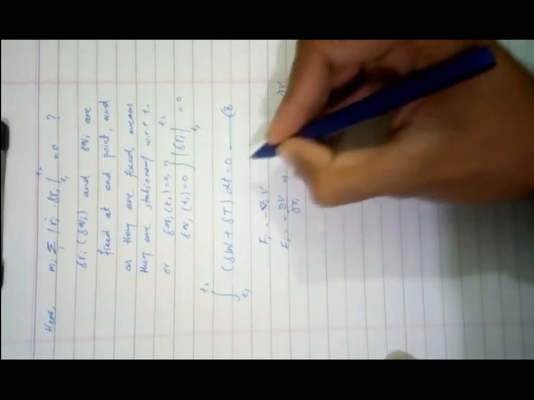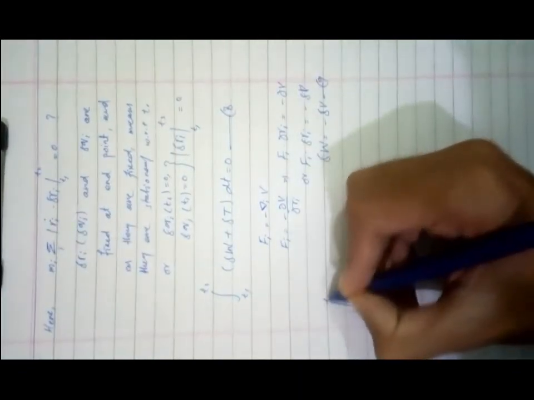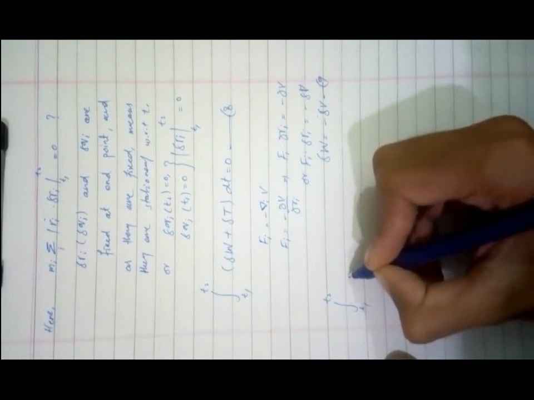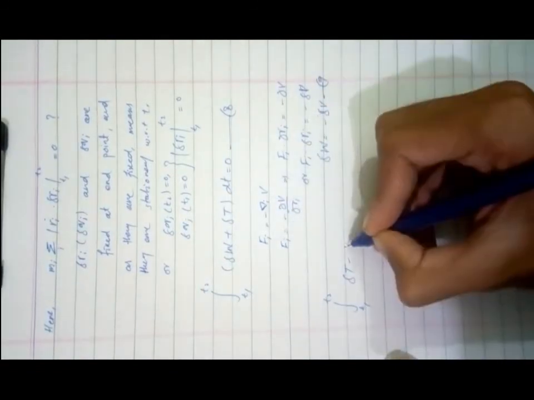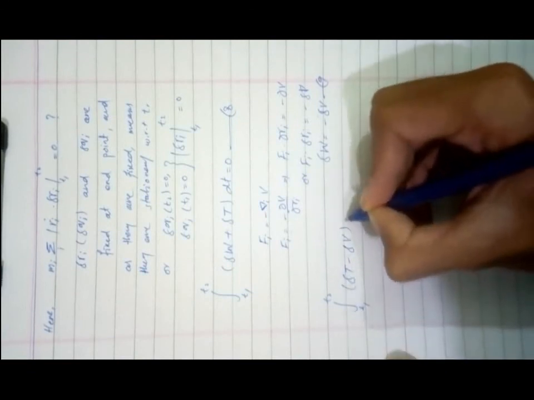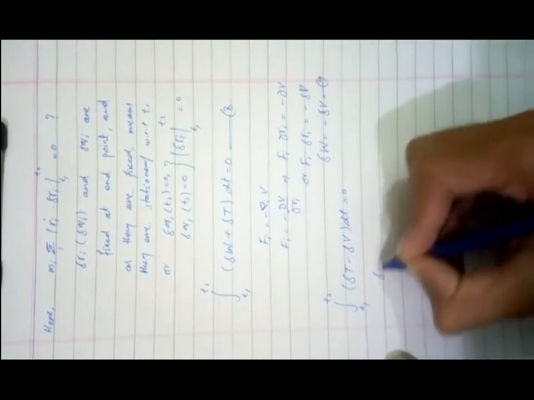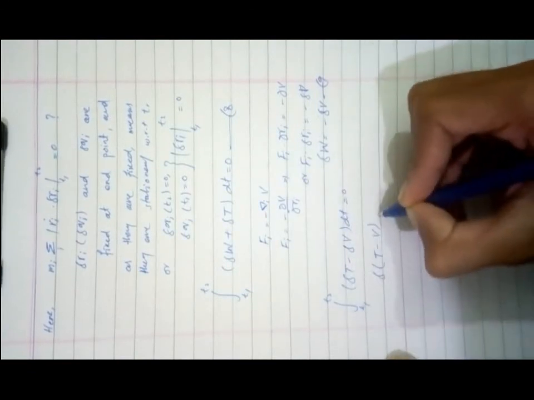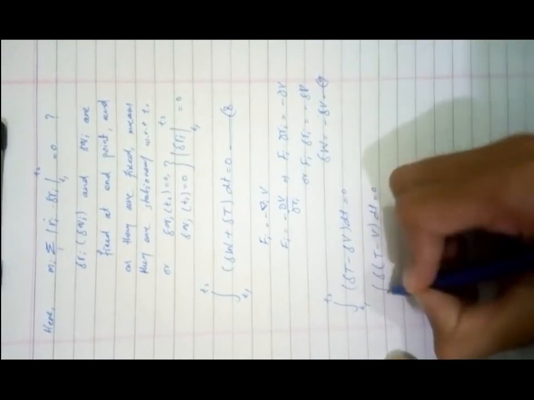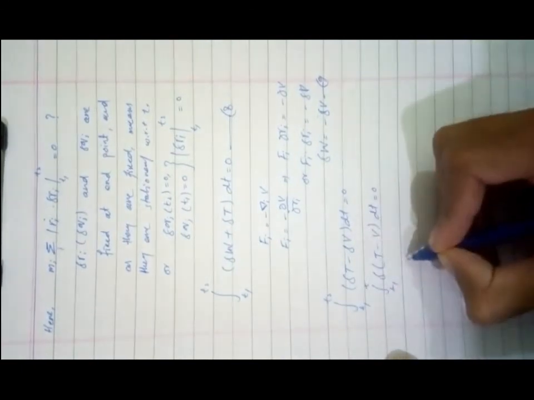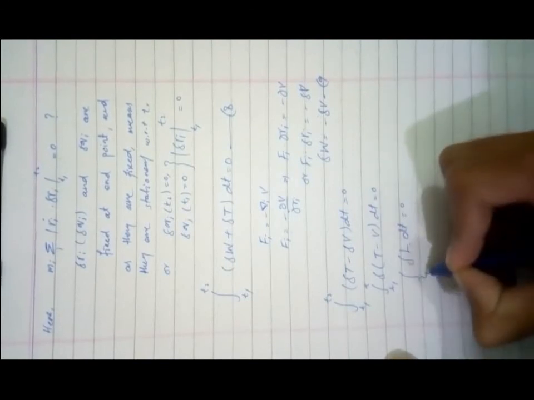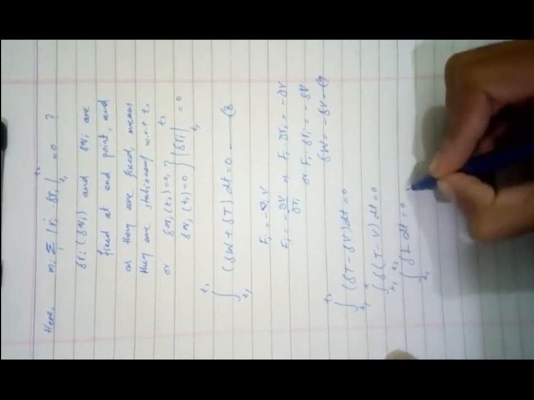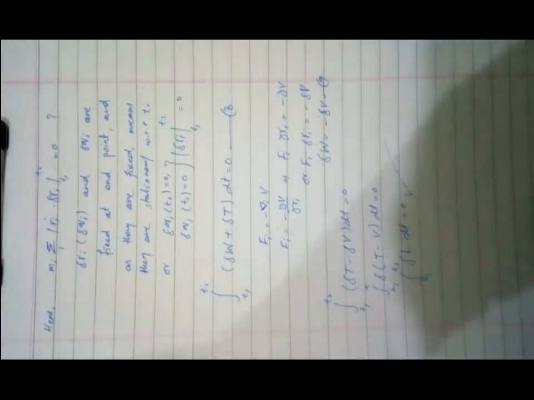Put equation 9 in equation 8, we have the integral from t1 to t2 of (del T minus del V) dt equals 0, or (T minus V) dt equals 0, and T minus V is a Lagrangian function. So here is the proof of what we wanted to find, which is Hamilton's principle.